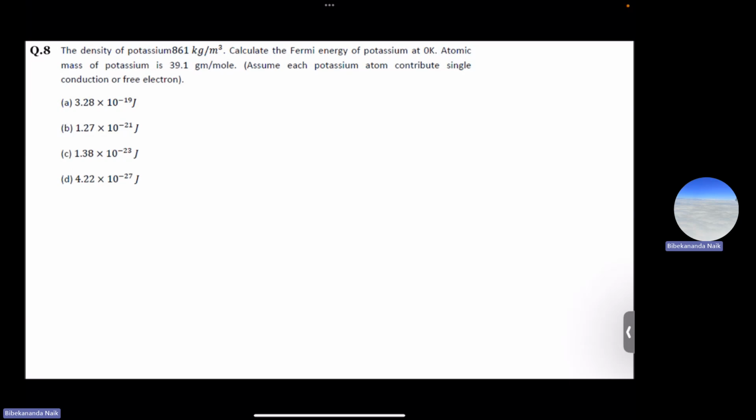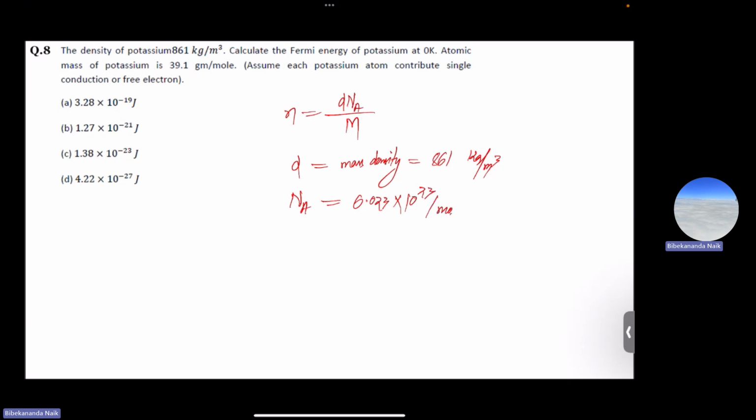In order to calculate the number density, we will use the formula n equals d N A by M, where d is the mass density, that is 861 kg per meter cube, N A is Avogadro's number, that is 6.023 into 10 to the power 23 molecules per mole.